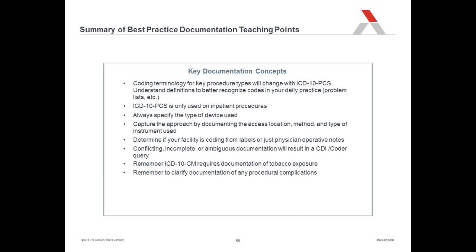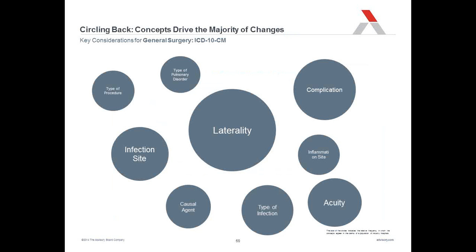Remember to always specify the type of device used, capture the approach in your operative report as specifically as you can, and remember to clarify any conflicting, incomplete, or ambiguous documentation to avoid any CDI or coder clarifications. Remember, ICD-10-CM requires documentation of tobacco exposure, and that's usually included in your history and physical document.